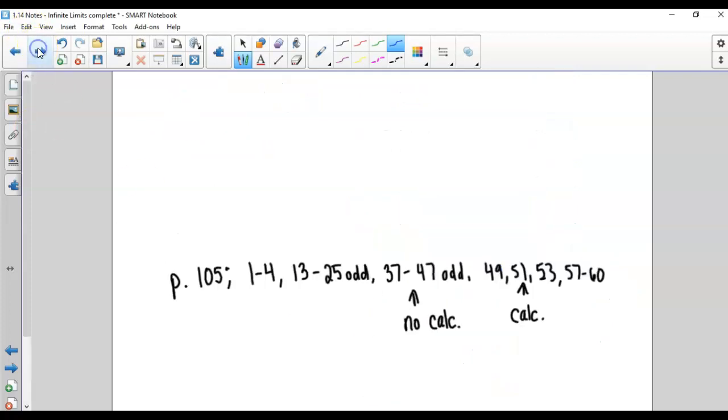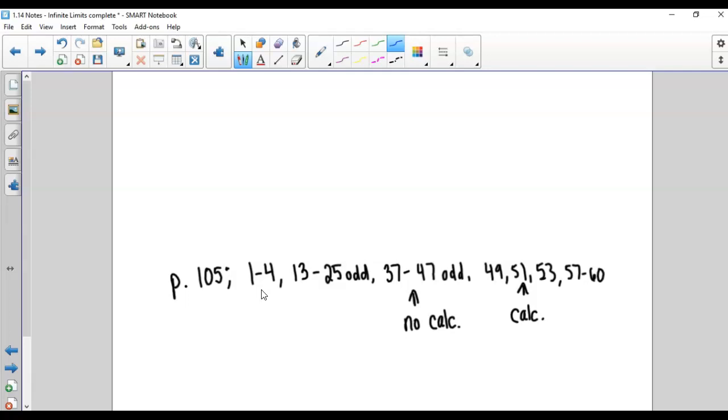So on your homework, page 105, problems 1 through 4 have graphs, so you can use the graph for those. 13 through 25 just ask for the vertical asymptotes, like those first problems that we did.